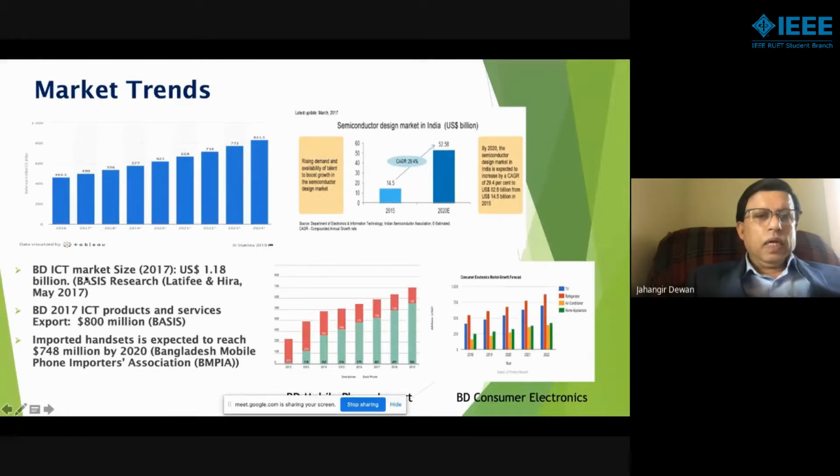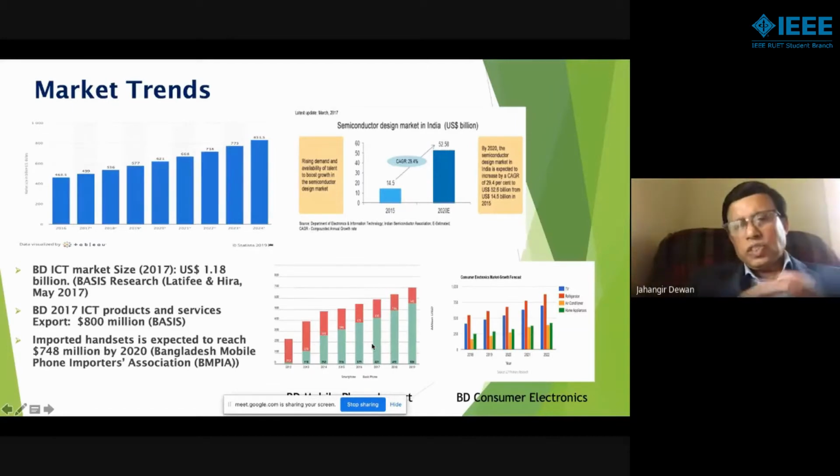Now, in Bangladesh, the other way, if you talk about the ICT sector, according to the BASIS report or other reports, it's close to $1 billion earning in 2017, 2018, supposed to be more, but in 2018 somehow it was 748 million. And now think about handset import.